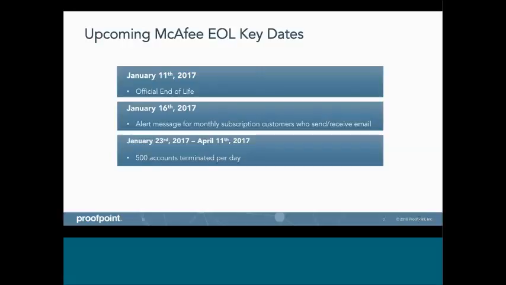What I can also tell you, because this might give you a little bit of relief once we start the termination process, if you haven't managed to migrate all of your customers onto a Proofpoint solution, is that we will be terminating accounts on an alphabetical basis. That's not per partner.